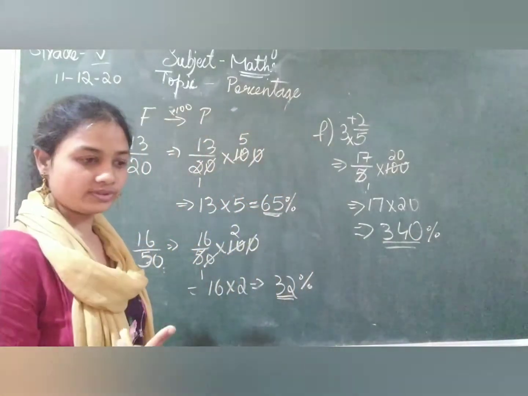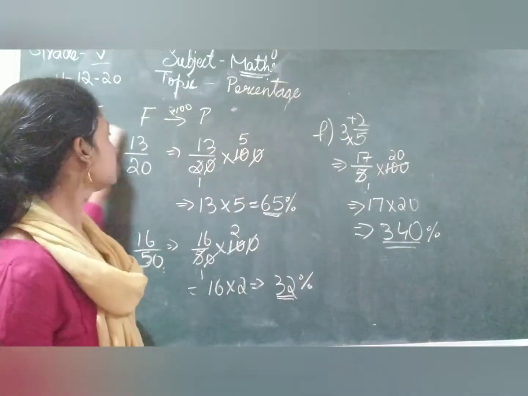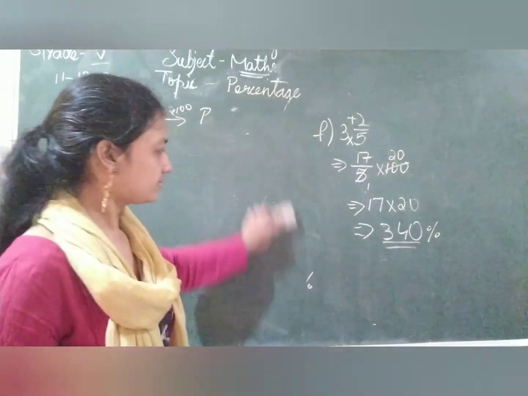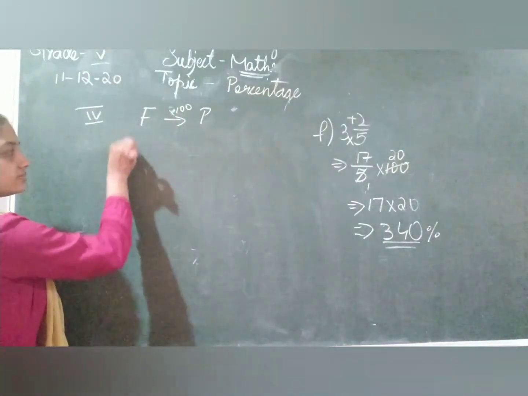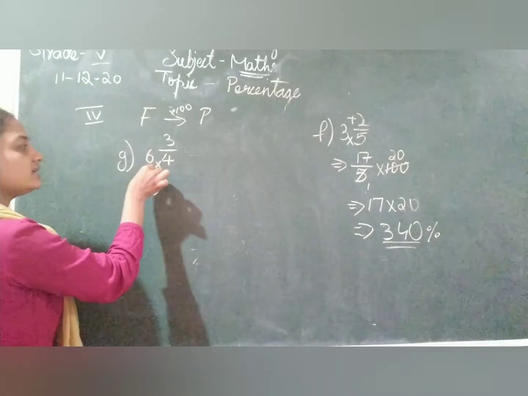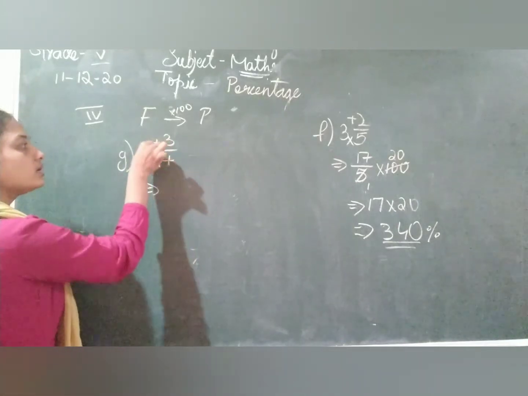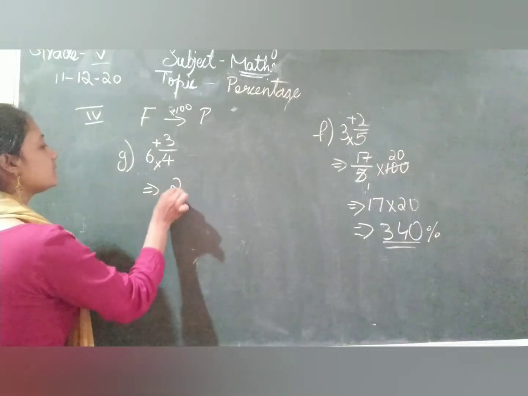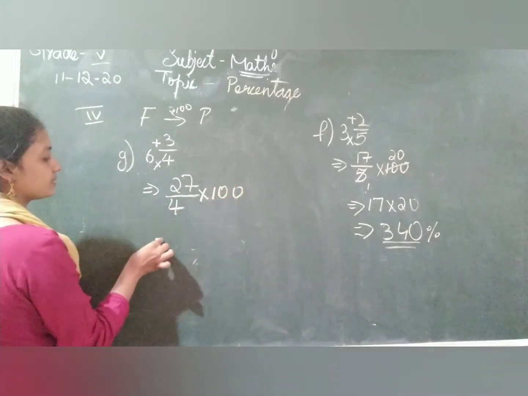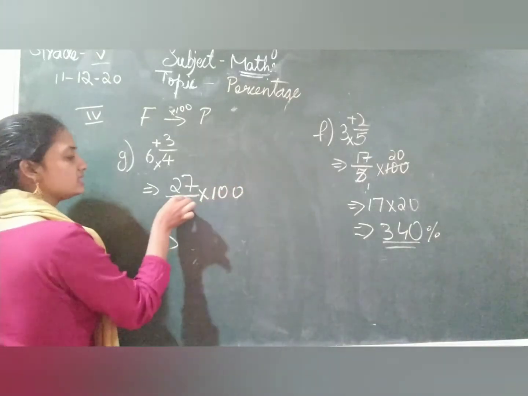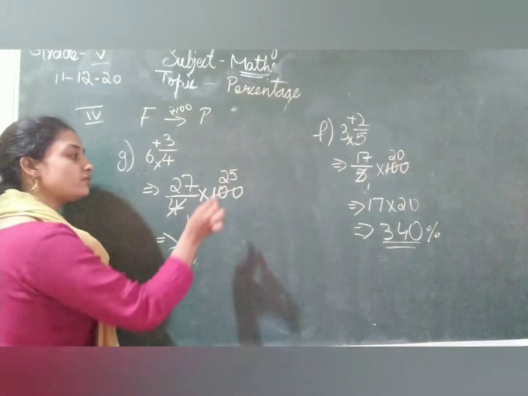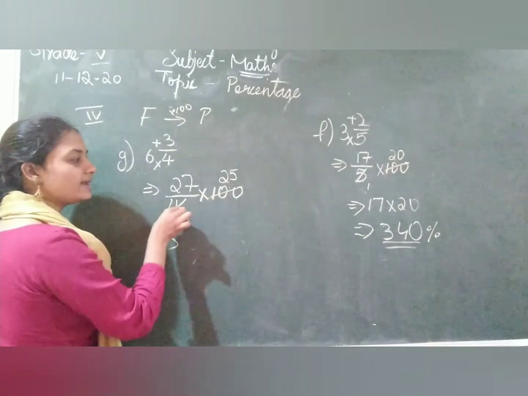So I will be showing one more sum of the same type, that is the G sum. 6 3 by 4. Convert it first. 4 6s are 24. 24 plus 3, 27 by 4 into 100. So when I cancel this, 4 1s are 4, 4 25s are 100. If you don't know the direct answer, divide these two.